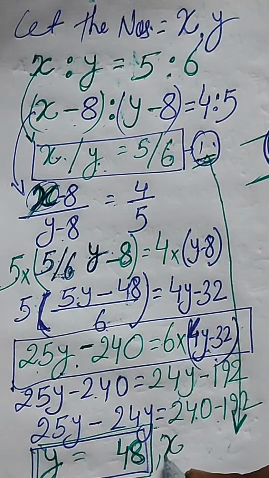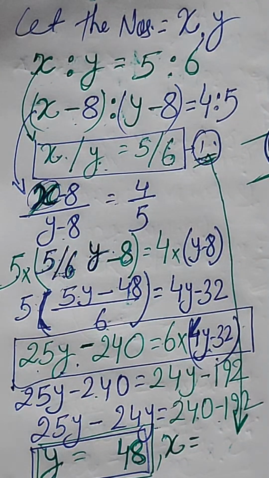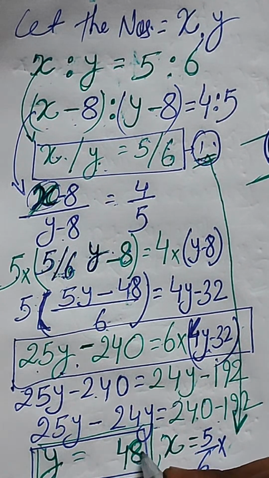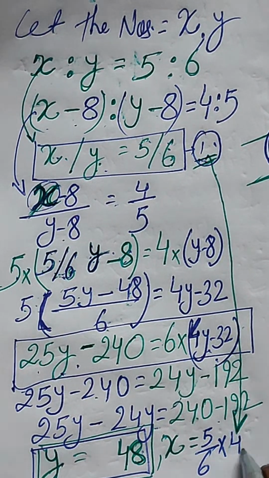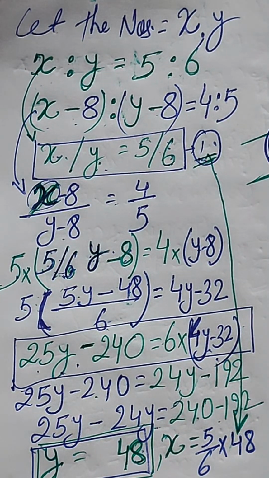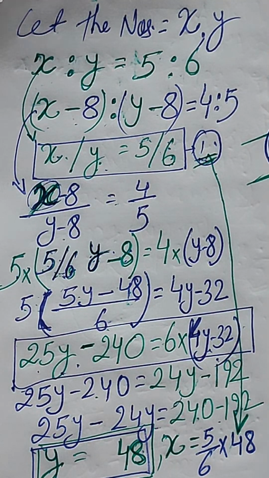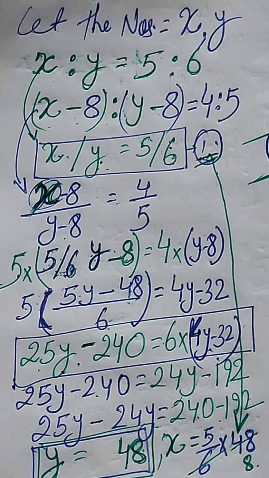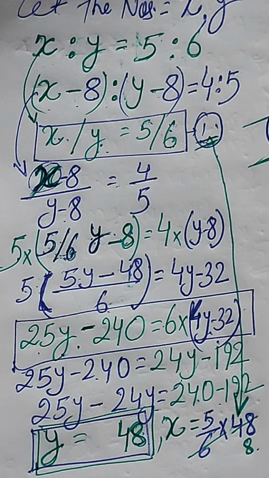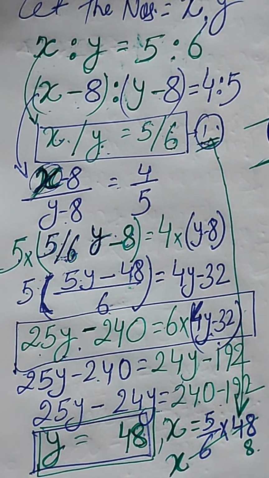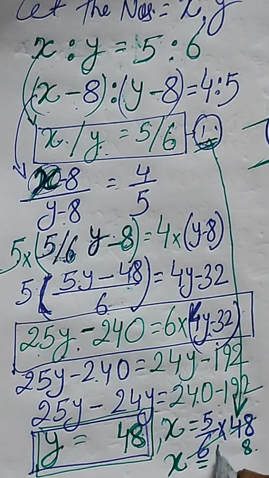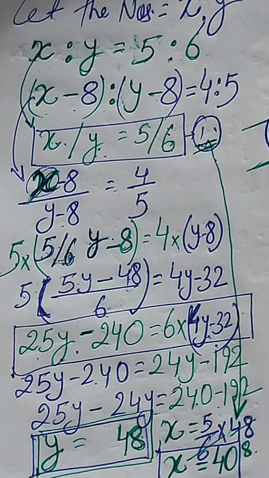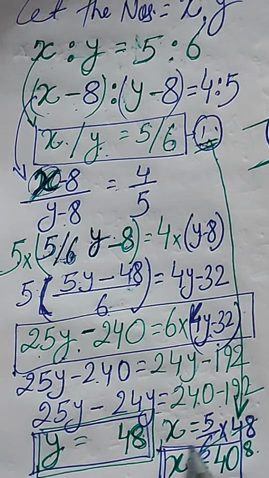So the value of x is coming as 5 by 6 times y, and y is nothing but 48, right? 6 will divide 48 eight times, and 5 into 8 is 40. So the value of x is calculated as nothing but 40.